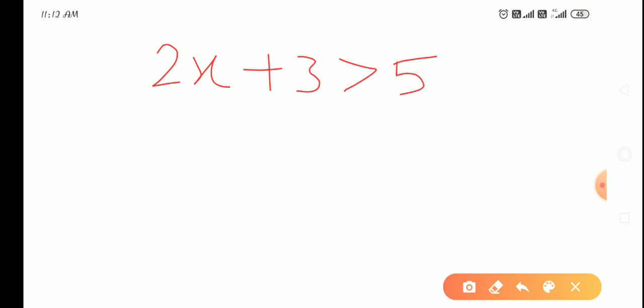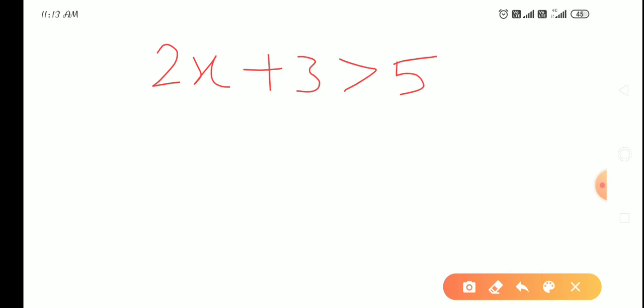First of all, what is the meaning of solving a linear inequation? Solving means to find the value or values of the given variable by solving the linear inequation. So this is the meaning of solving a linear inequation.